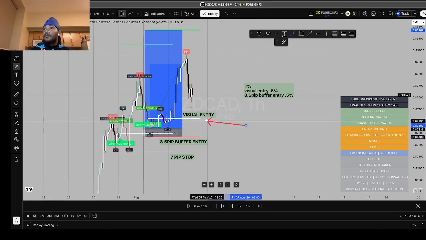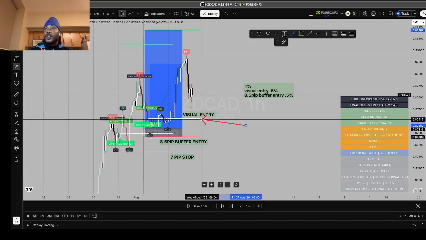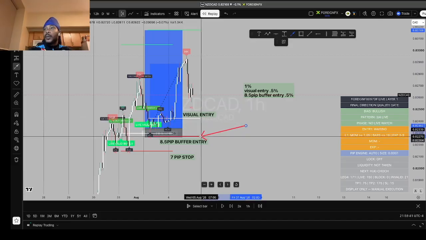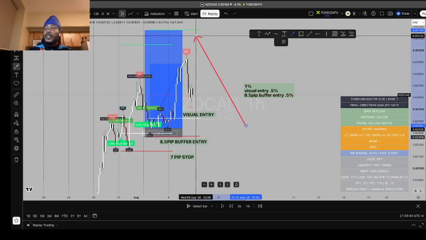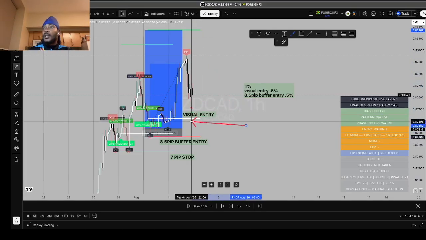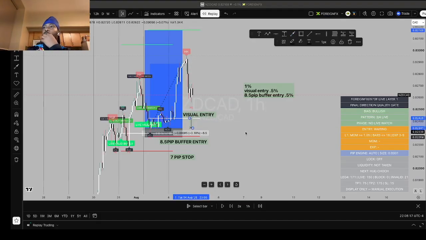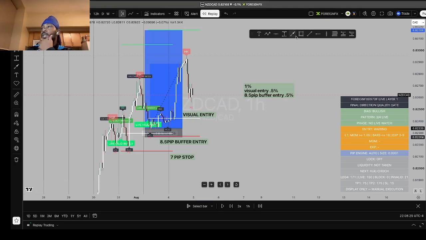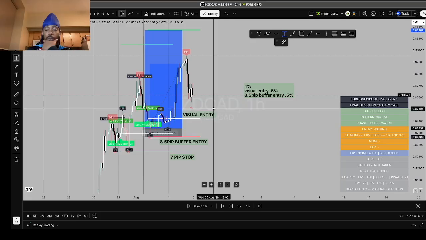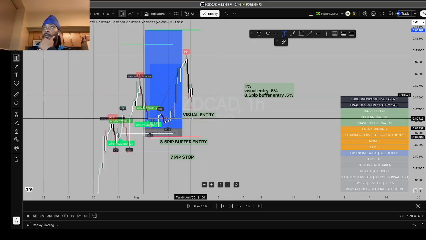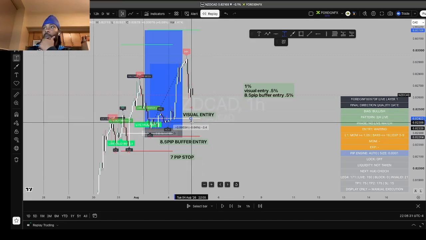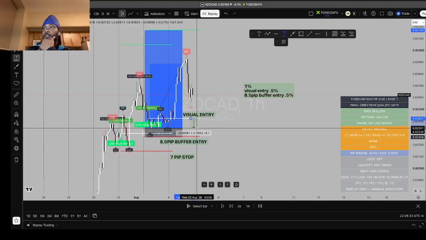So again, we have the visual entry right here, which is the white line, the red line would be the stop, and the green line would be the take profit. To measure your 8.5 pip buffer entry, you take your price range tool, and from the visual entry, you're gonna measure that 8.5 pip buffer just like this.